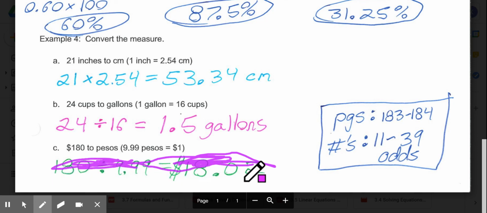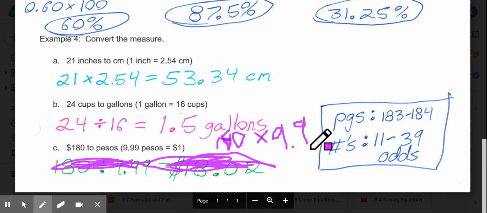What I should do is go dollars to pesos. So I should take my 180, really bad drawing, 180, and multiply, not divide. So $180 to pesos, I should be multiplying by 9.99.